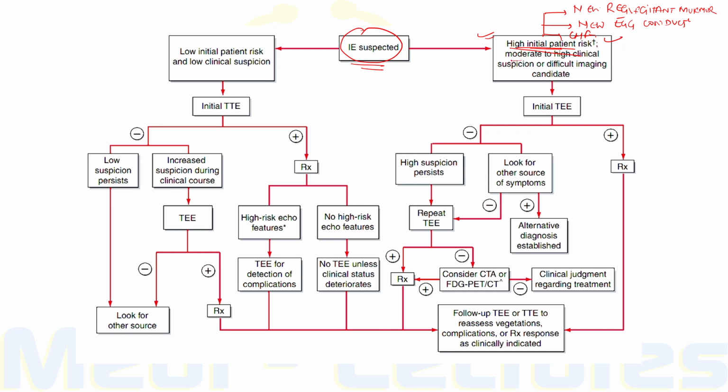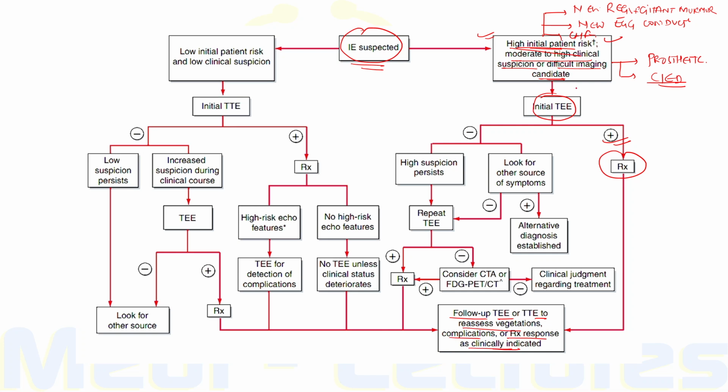So, moderate to high clinical suspicion, or the patient is a difficult imaging candidate. If we know that the patient already has prosthetic valves or any cardiac electronic device implanted, then we will directly go for transesophageal echocardiography. If it is positive, then we will start treatment for infective endocarditis and do follow-up echocardiography to reassess the vegetations, complications or treatment response as clinically indicated.